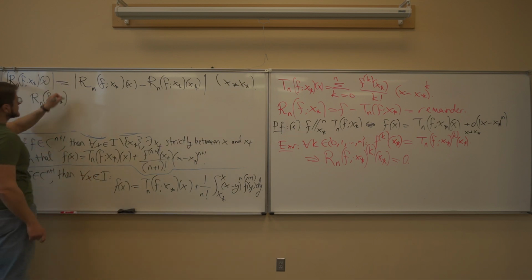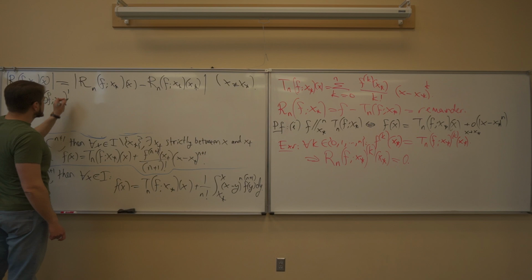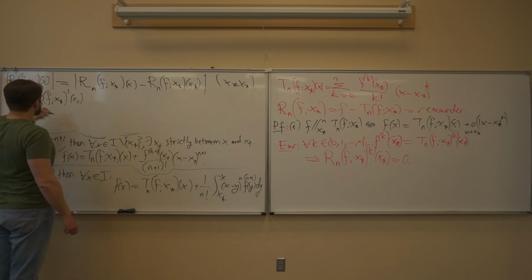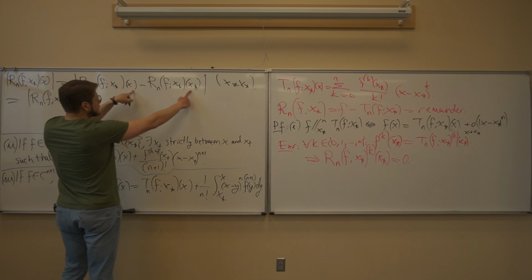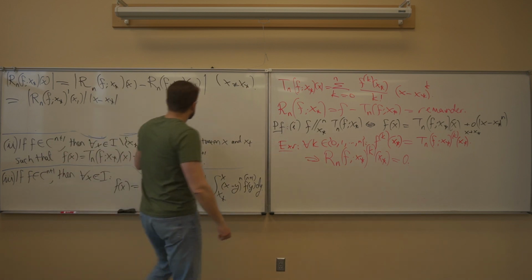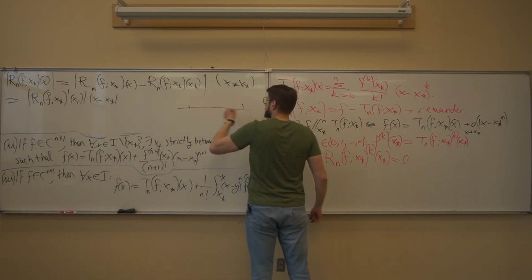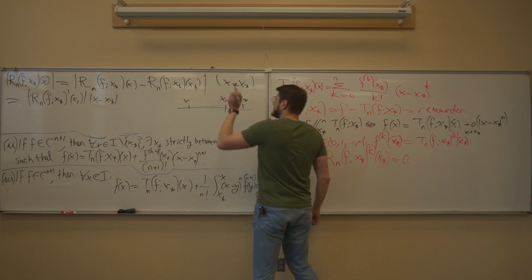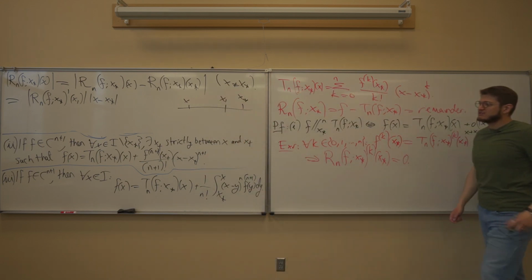Remainder function differentiated once, evaluated at some point x sub 1, in absolute value, times the distance between these two inputs. Let's say x were here and x star is here. I'm saying for some x sub 1, by the mean value theorem, I get to do this.